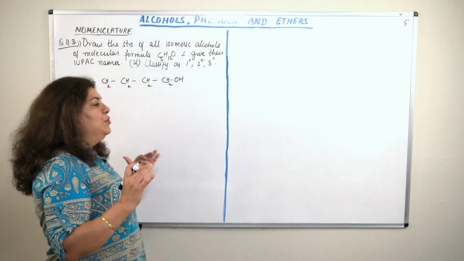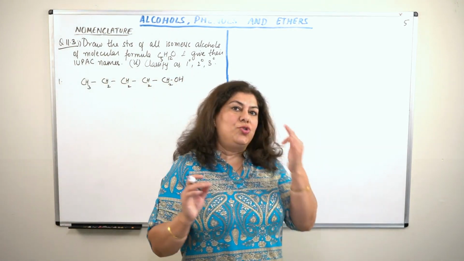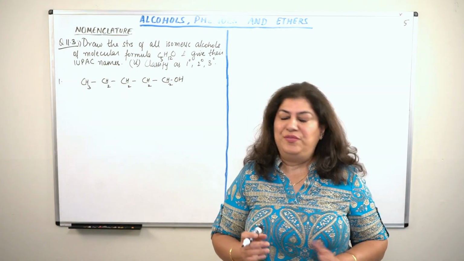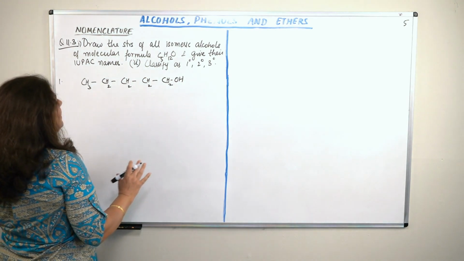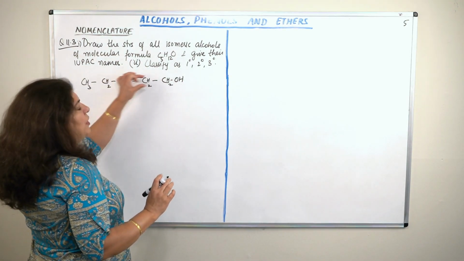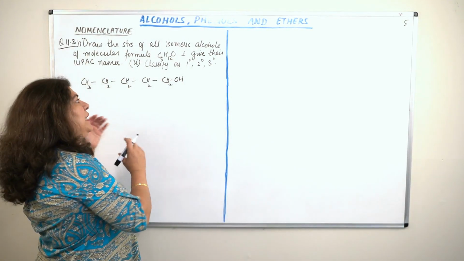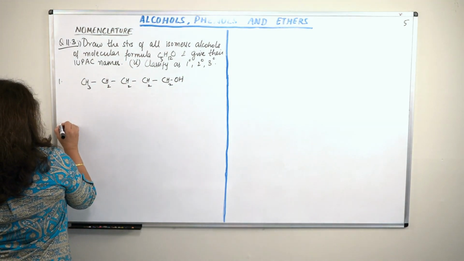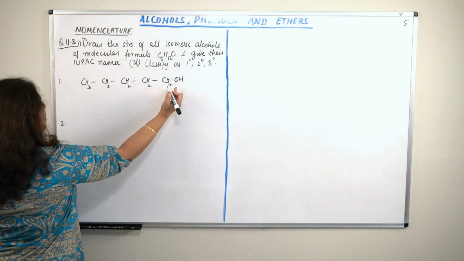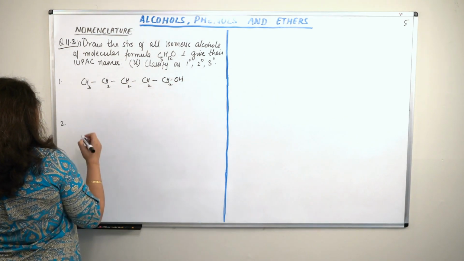Now what will I do? We'll do the naming later. Let us draw as many structures as we can first. The first thing let us do is shift the alcohol. Let us keep the carbon chain straight and see how many shifts of the alcohol we can do. So this is the first one. The second one would be, let us shift the alcohol from carbon 1 to carbon 2.